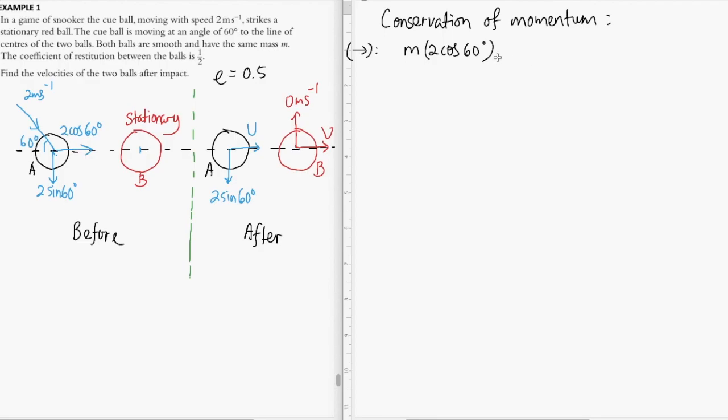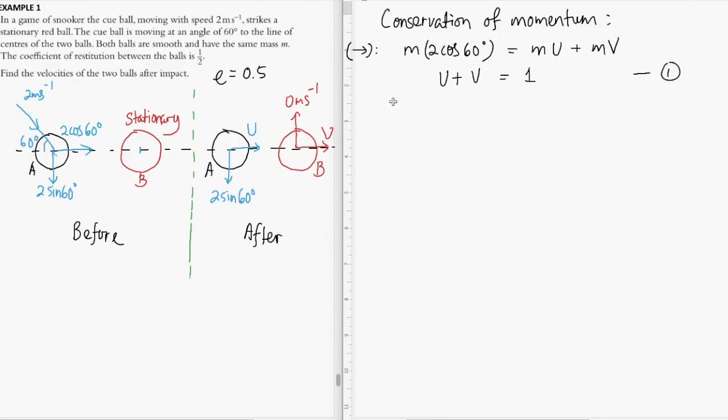So we can write m times 2 cos 60 equals mu plus mv. That's our first equation from the conservation of momentum. Now we simplify this as much as possible. Because cos 60 is half, we end up with u plus v equals 1. That will be our first equation.